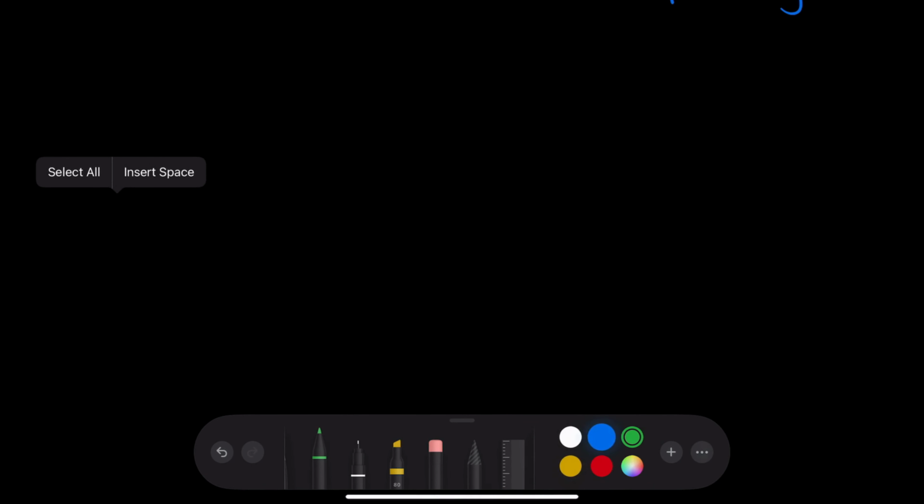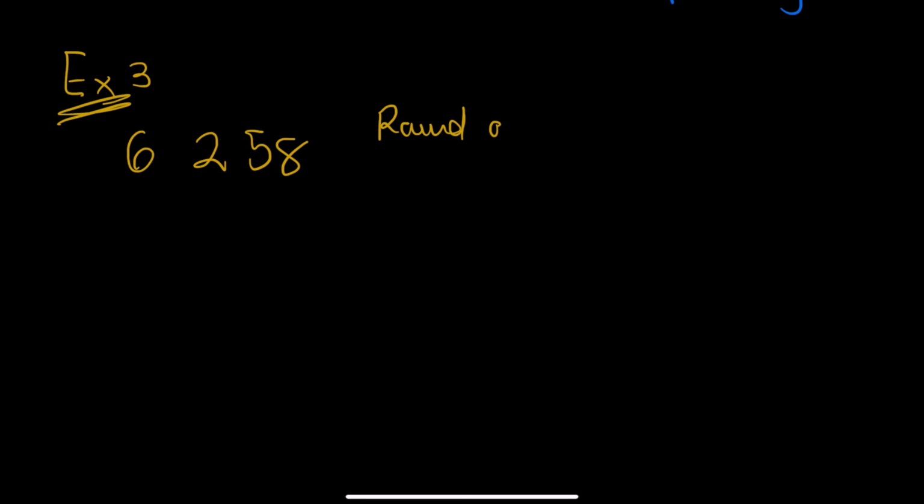Then let's look at a few more examples. Let's say we have the number 6,258. We can call this example 3. And let's say in this example, we want to round off to the nearest 100.